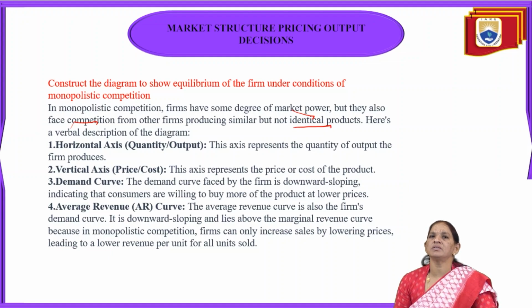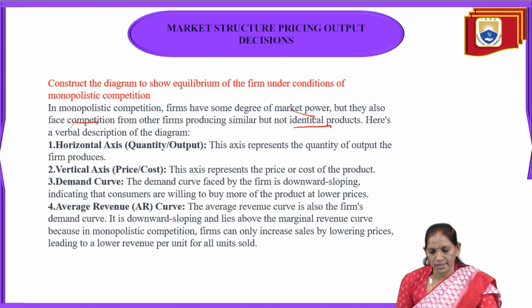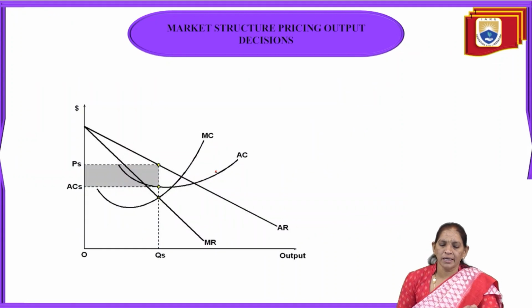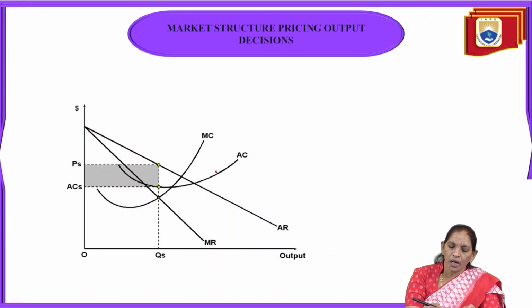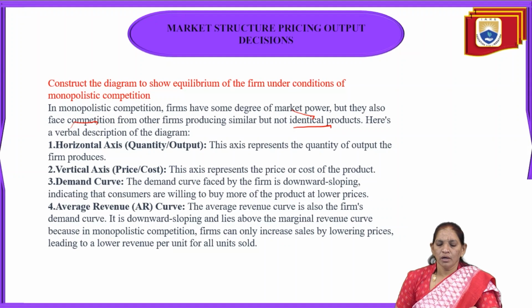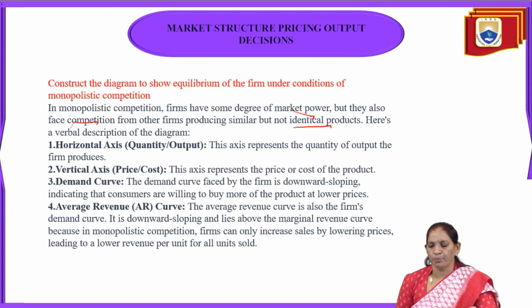We can describe monopolistic competition with the help of a diagram in equilibrium state. On the horizontal axis we represent the quantity or output, and on the vertical axis we represent the price and cost.